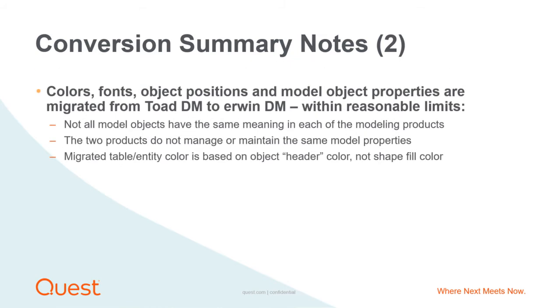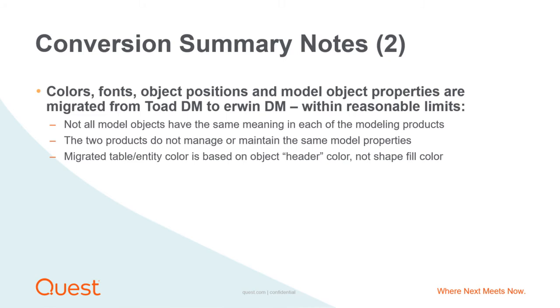Colors, fonts, object positions, and model object properties are migrated from Toad Data Modeler to Erwin Data Modeler and within reasonable limits. Not all model objects have the same meaning in each modeling product. The two products do not manage or maintain the same model properties.